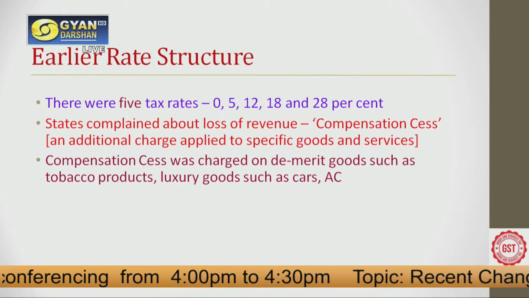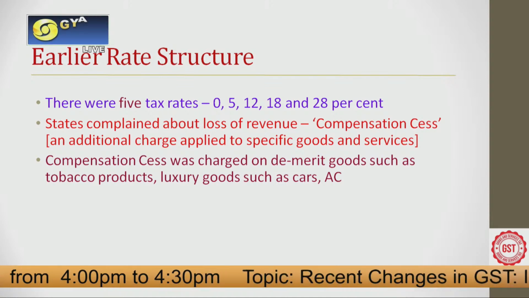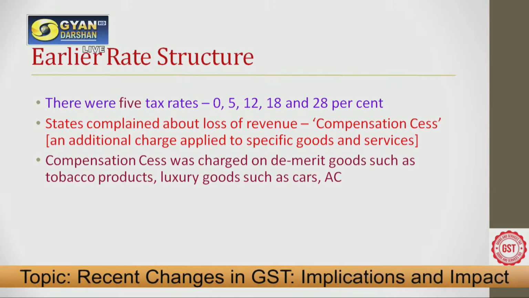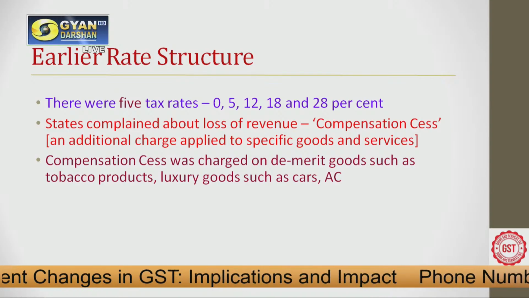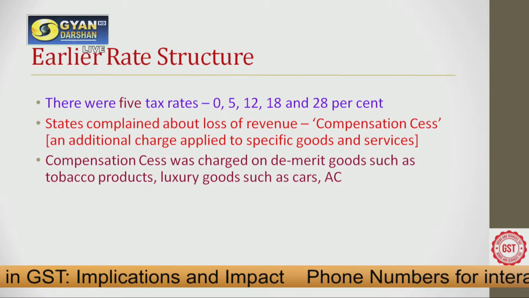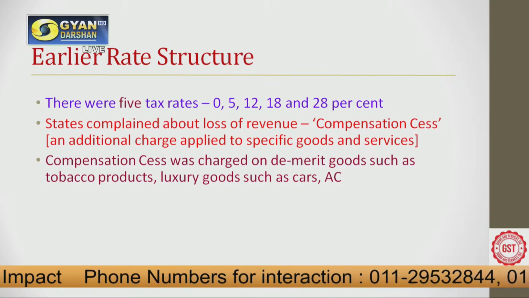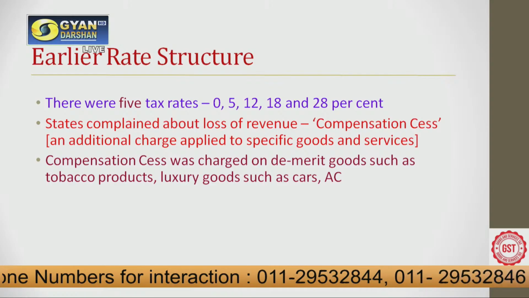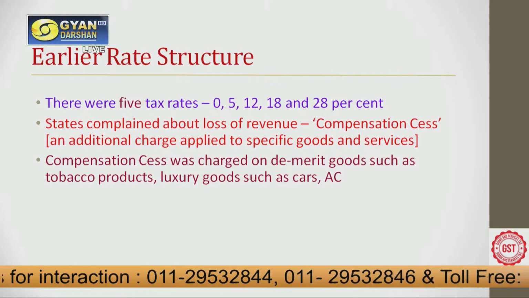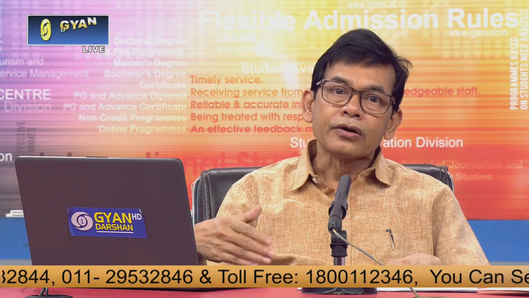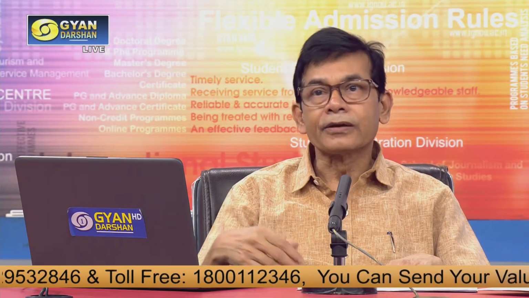This compensation cess was imposed on certain commodities like luxuries or some of the sin goods or demerit goods such as tobacco, cigarettes, pan masala, where there is a need to discourage consumption. So on those sorts of commodities, a compensation cess was imposed.